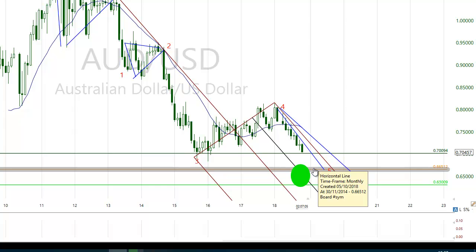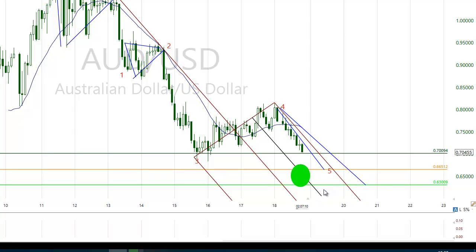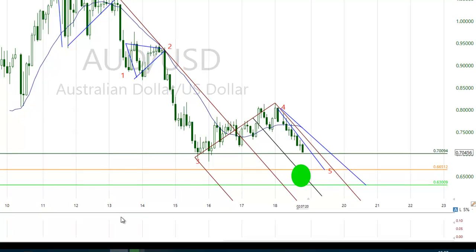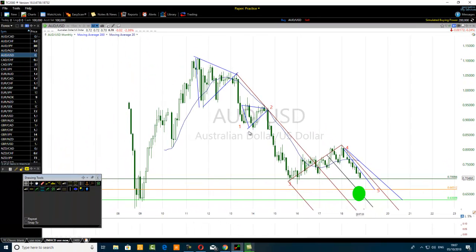If you break below 0.6651 and find a resistance, we'll take it down to 0.6300. All we are looking for is a trading setup on or near one of those key levels or any part of the pitchfork tool.